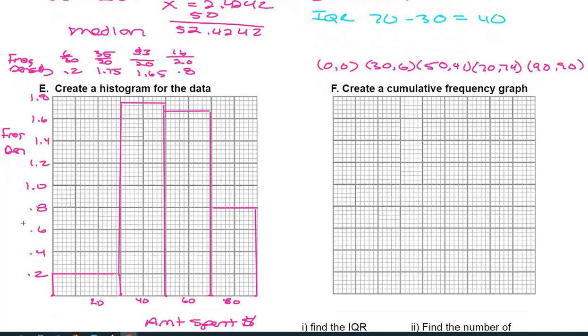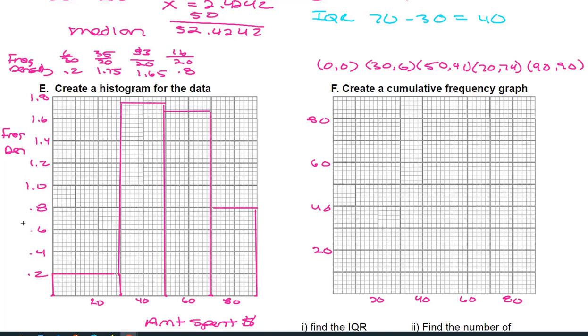need to draw my scales. And you know that both scales, or in this case, both go to 90. So I'm going to use, let's see, it looks like tens. So this would be 20, 40, 60, and 80. And this would be 20, 40, 60, 80.